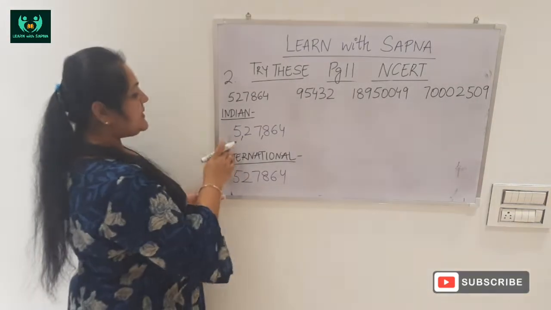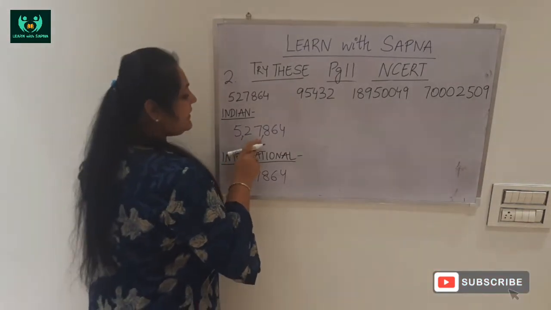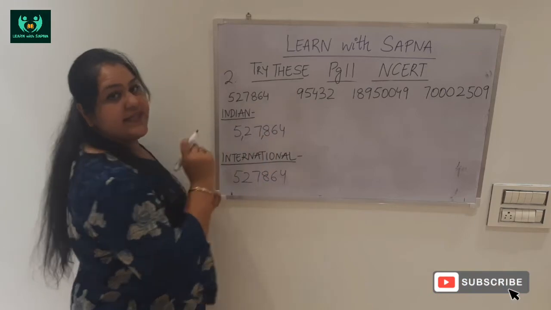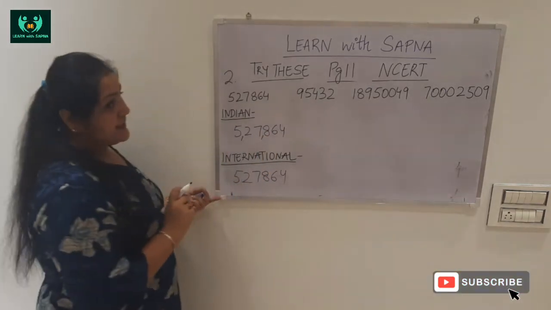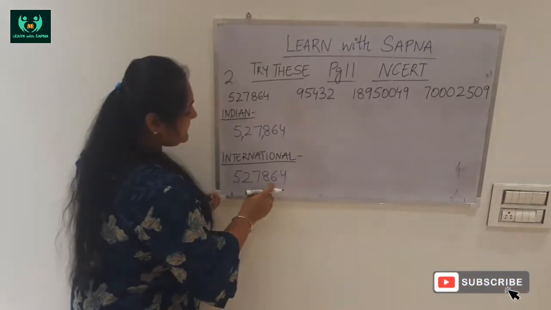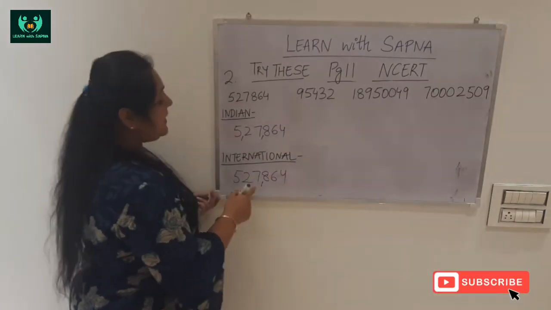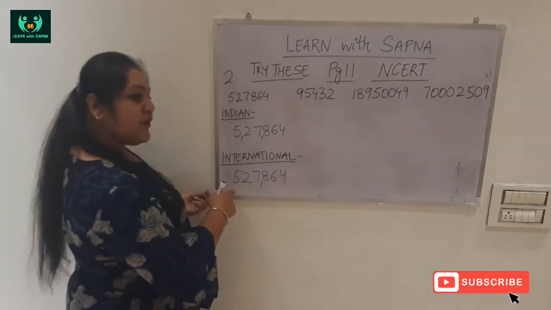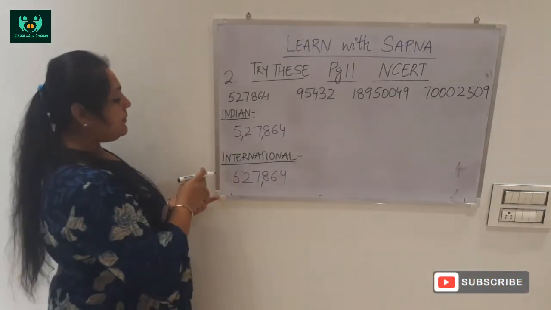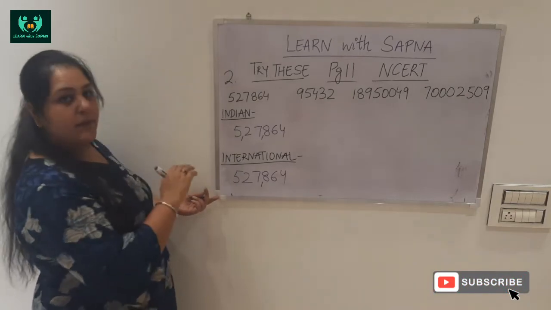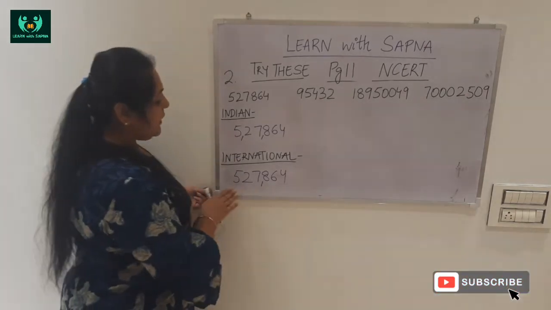So how do we read this? 5,27,864. Now when it comes to the international system, what happens? Ones, tens, 100, comma, 1000, 10,000, 100,000. There are also 100,000 in that, and if we would have a previous number, we'll put a comma there. But we don't.